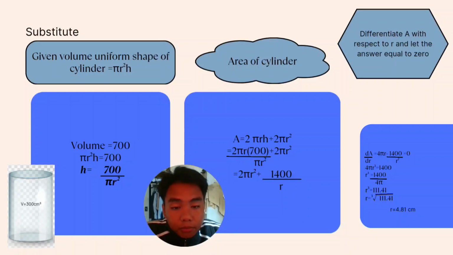So we must move the cube to the right hand side, so we will get the r value, which is r equals cube root of 111.41. So we just calculate the value and we got r equal to 4.81 centimeter.